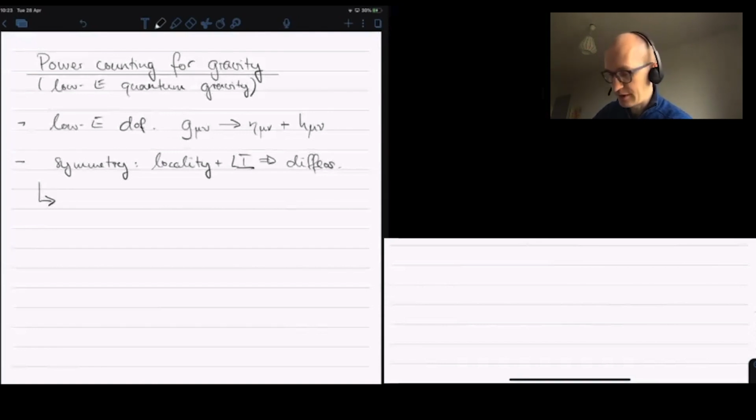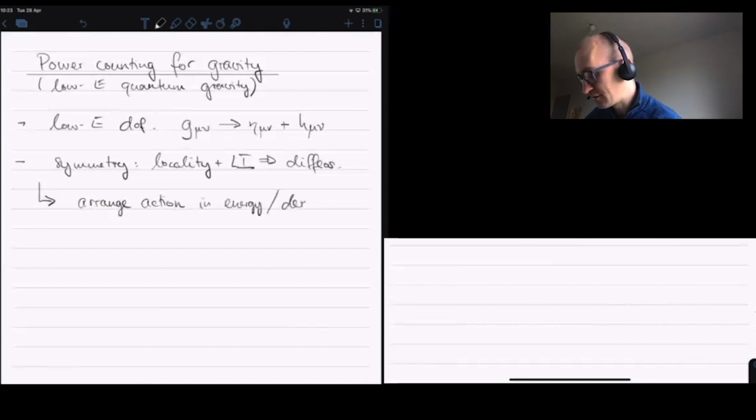So we're going now to basically arrange these terms, the possible terms, arrange the action in an energy derivative expansion, right? So in the Lorentz invariant case, this is the same thing, right? The derivative expansion and the 1 over energy expansion, excuse me.